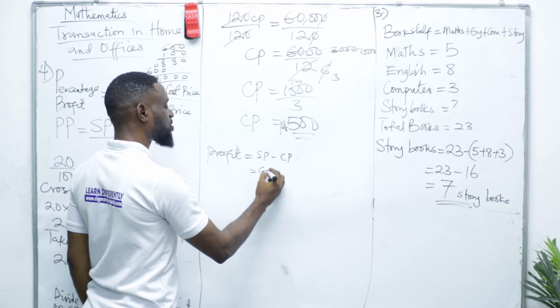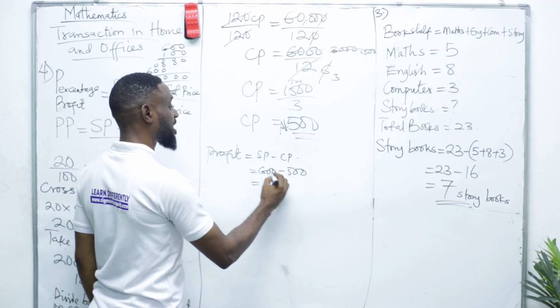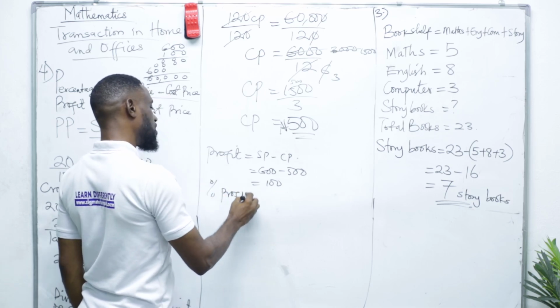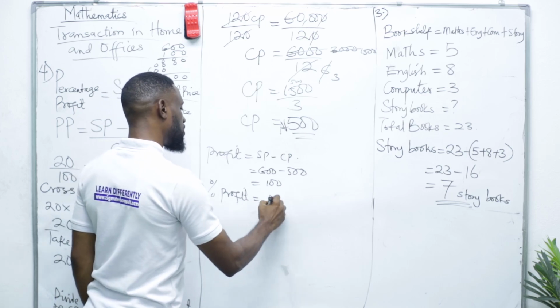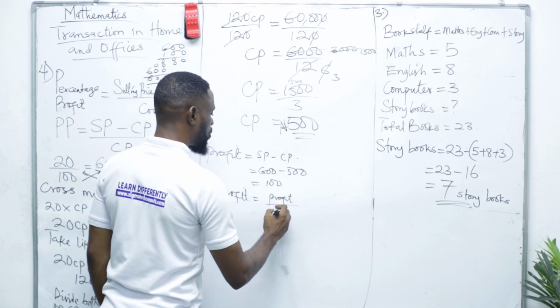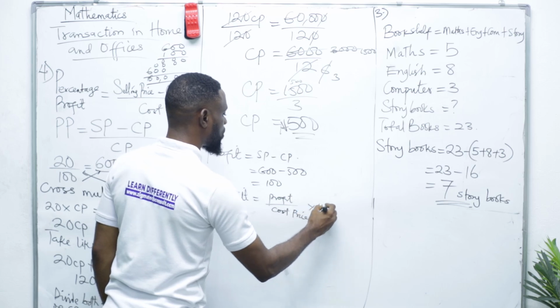Our selling price is 600, cost price 500. This will give us 100 as profit. So we say percentage profit is equal to profit over cost price times 100.